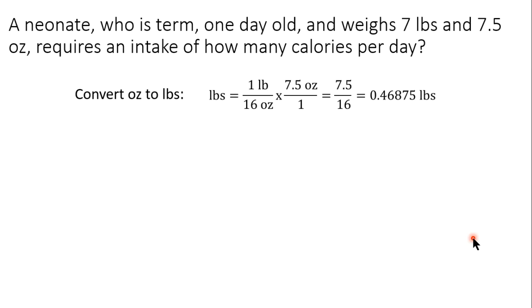So pounds equals the conversion rate of 1 pound over 16 ounces times 7.5 ounces with a 1 as a placeholder in the bottom, which is equal to 7.5 divided by 16, which is 0.46875 pounds. Now we add that to the 7 pounds for a total weight of 7.46875 pounds.